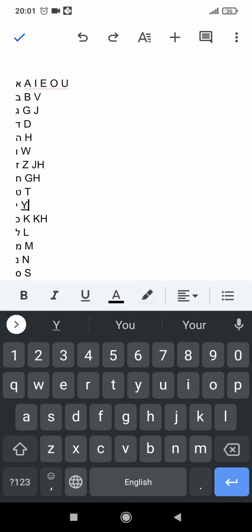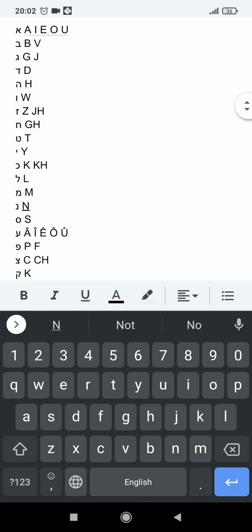Many people don't pronounce it like that today, so there is no difference between Israel and Yisrael, but it's supposed to be spelled with a Y. Kaf, I mentioned earlier. Lamed is a L, Mem is a M, that's a N, Nun.